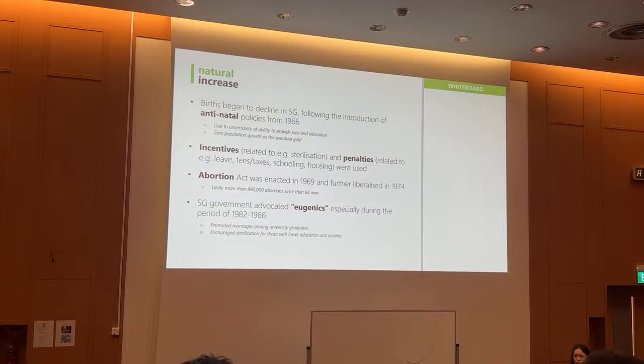On the other hand, there were penalties imposed on people who gave birth to more babies than what the government preferred. These people may have disadvantages in the application of leave, the amount of fees and taxes payable, the priority in school enrollment for kids, the priority in housing application, etc.